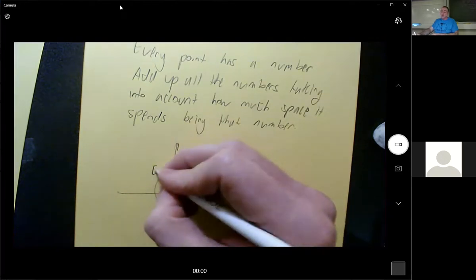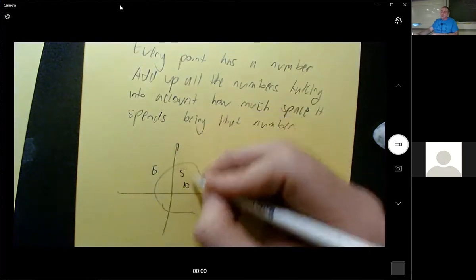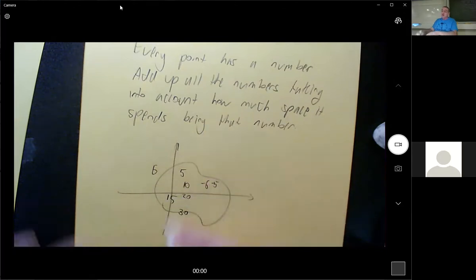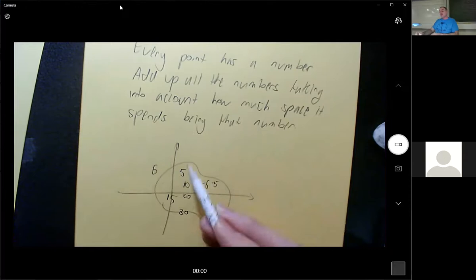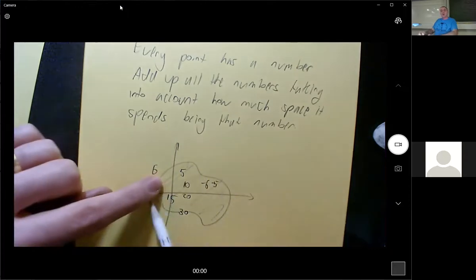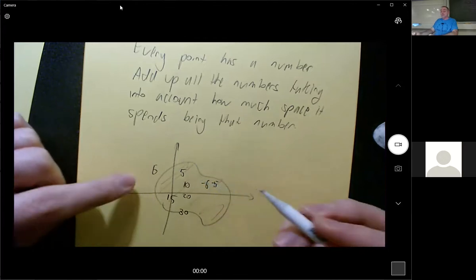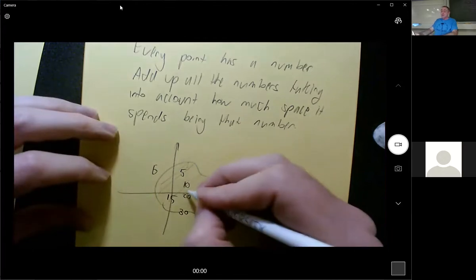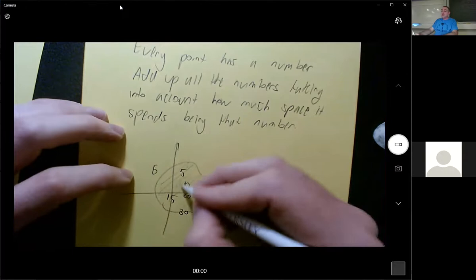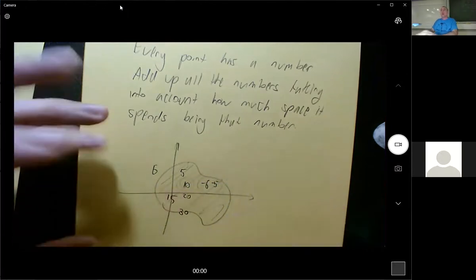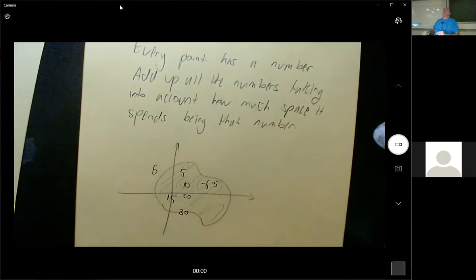And maybe it's 6 here and 20 here and 30 here, and every point has a number. And then I look at this shape and I go, what I'm going to do is add up all those temperatures, taking into account how much space they spend being that temperature. Oh, it doesn't spend much space being nearby to 10, but it spends a lot of space being nearby to 6. And take all that into account, and that's what you get when you do an integral.